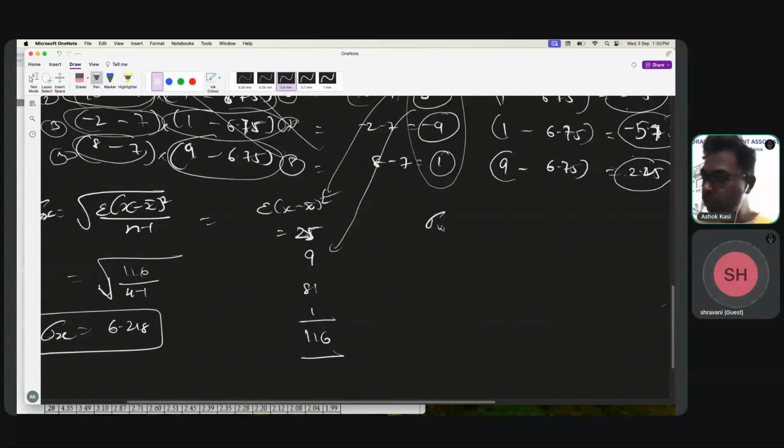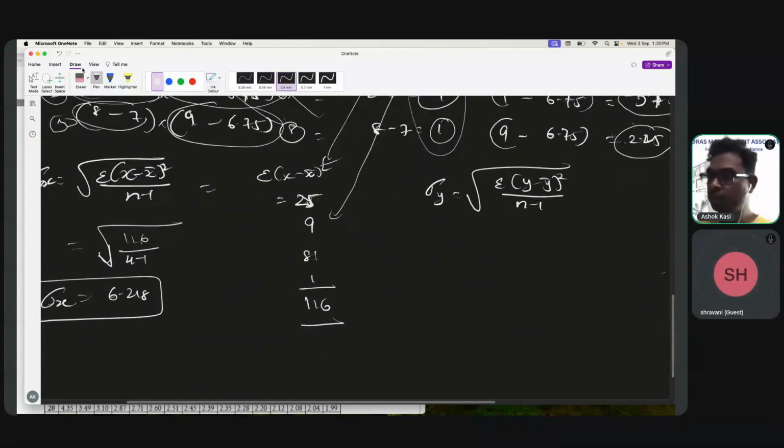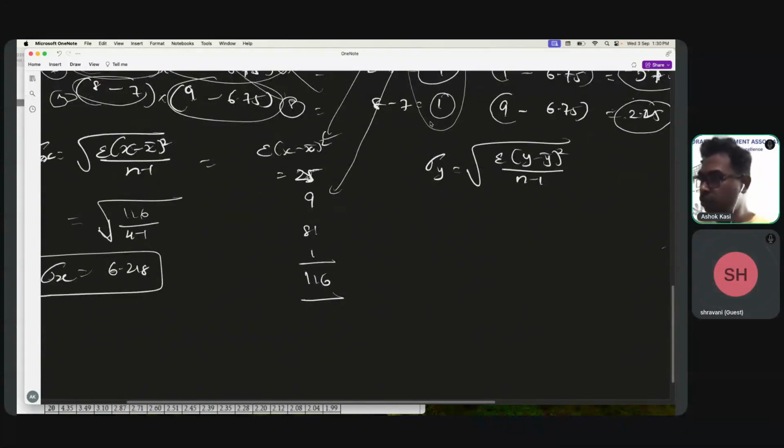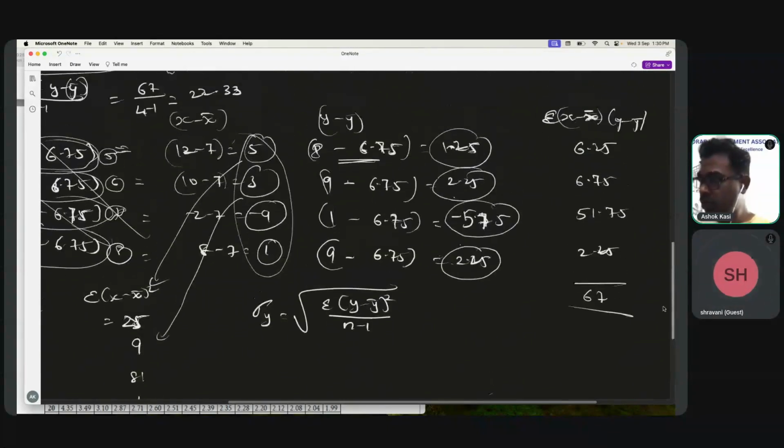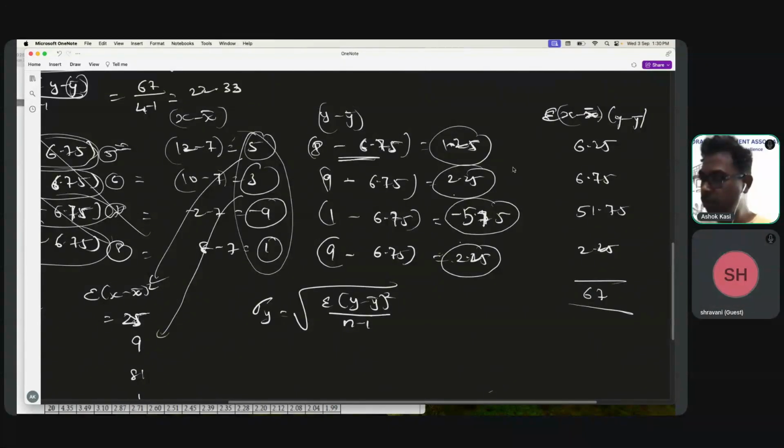Now standard deviation of y. Summation of y minus y bar the whole square divided by n minus 1. Okay. So y minus y bar the whole square we know, right?